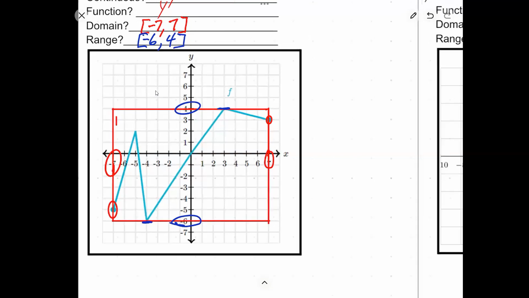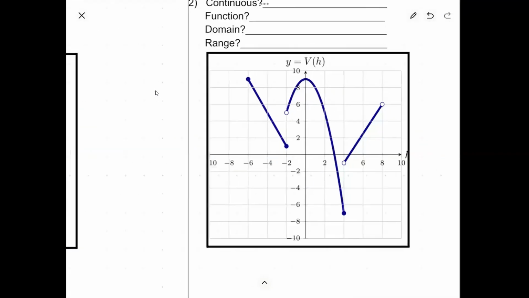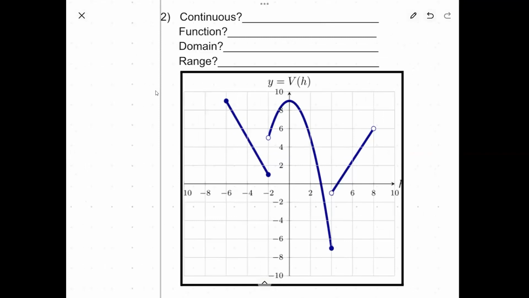Now, I'm going to do this one. Now, this one is a little bit more confusing because it's not continuous. So I can't go here. Well, let me make this red. I can't go from here all the way over here without lifting the pencil. Because now, if I do it this way, this is not the same thing.